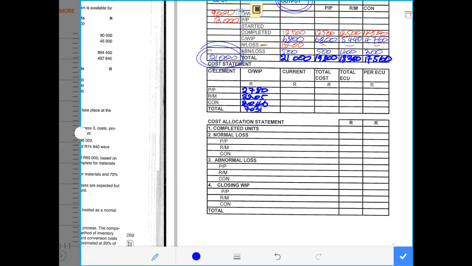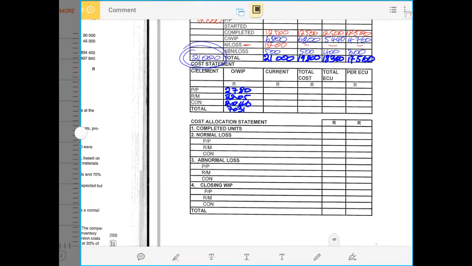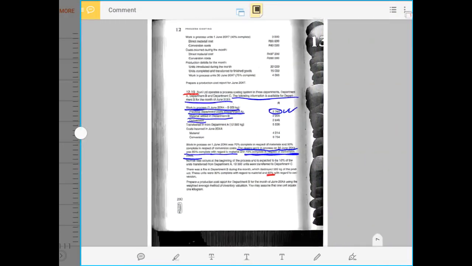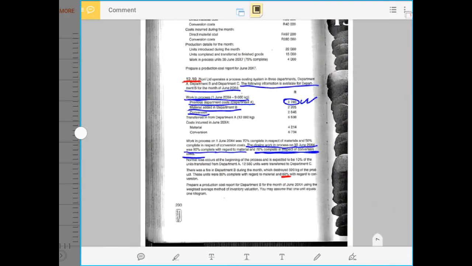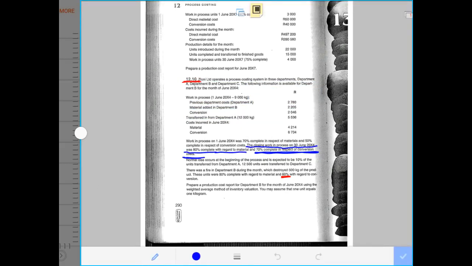Then we go to the next figures under the cost statement. Remember, we only record the costs. We realize that we have the costs that were incurred in the month of June.